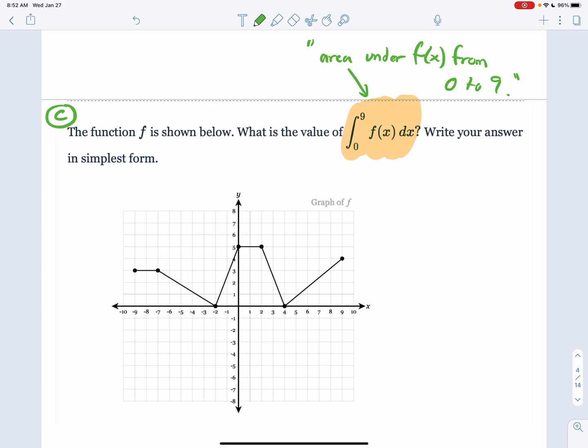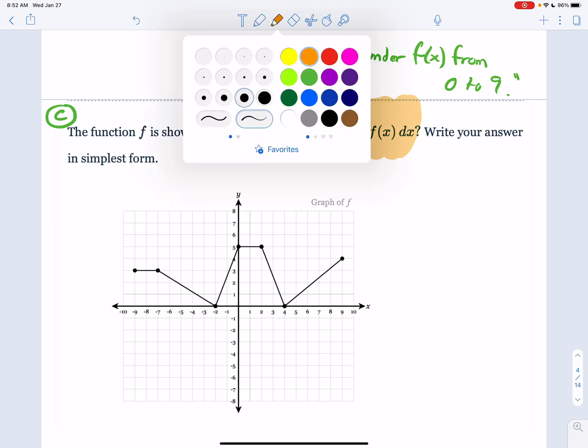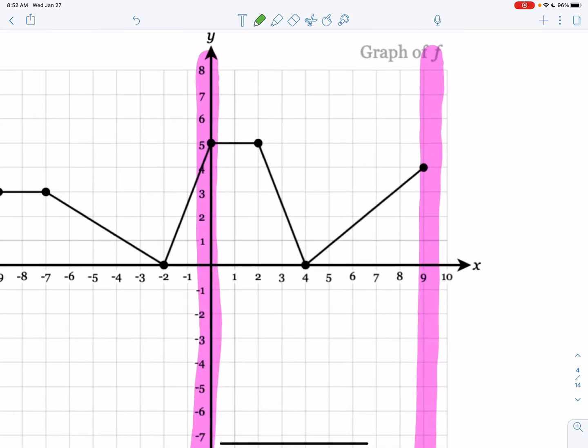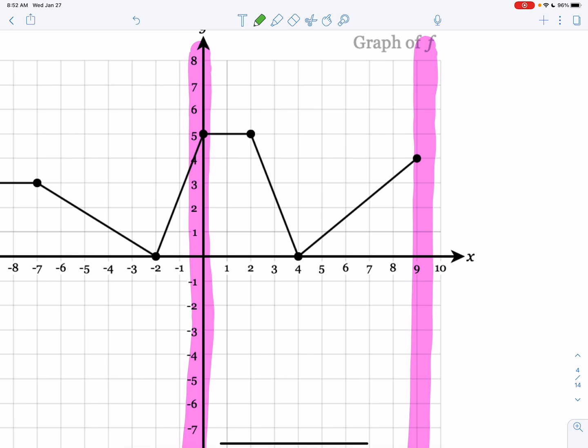So if I target from 0 to 9, 0 starts right here, and 9 ends right here. Okay? So if you take a look, it creates geometric shapes. If you notice right here, this right here is an upstanding trapezoid.